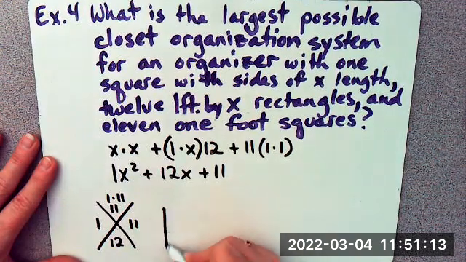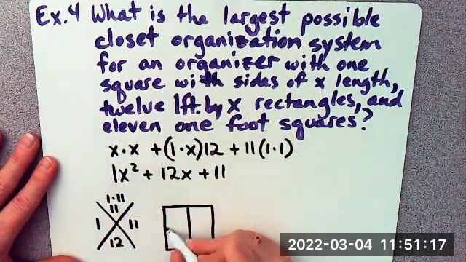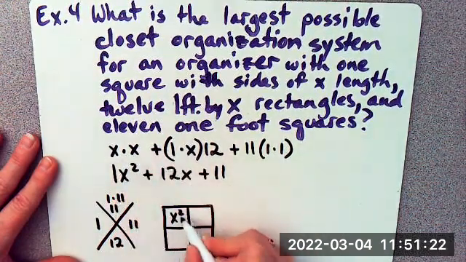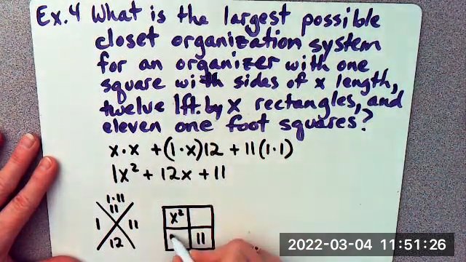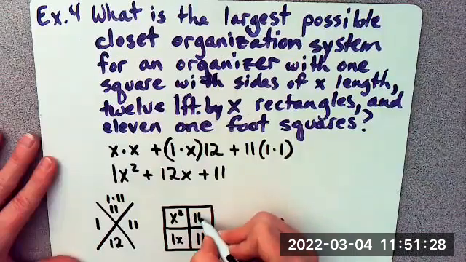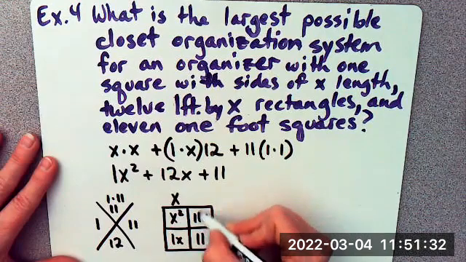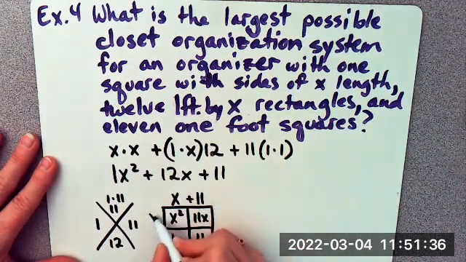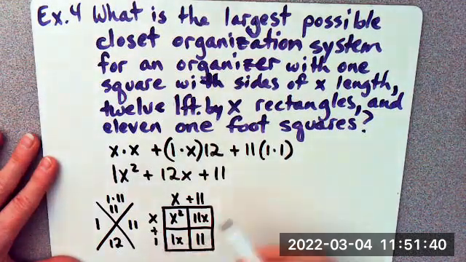So when we do the box and find the area of the box, the first term goes here, x squared. The last term goes here, 11, and we have 1x and 11x. So our greatest common factor here is x, here is plus 11, here is x, and here is plus 1.